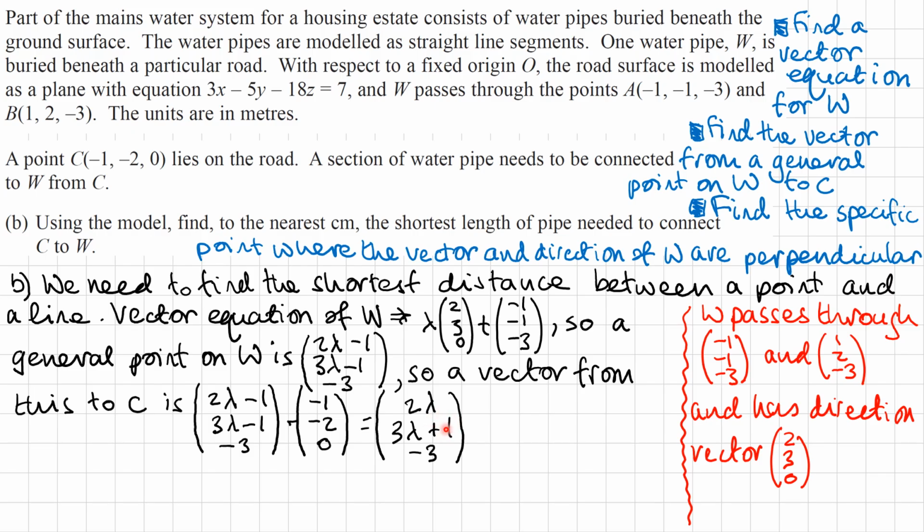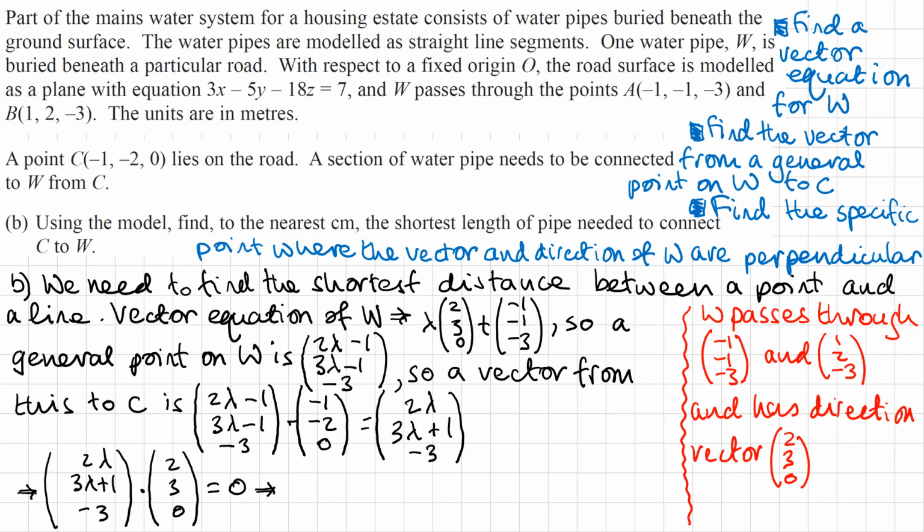Then we can find a specific point on the line which gives a vector perpendicular between that point and point C.